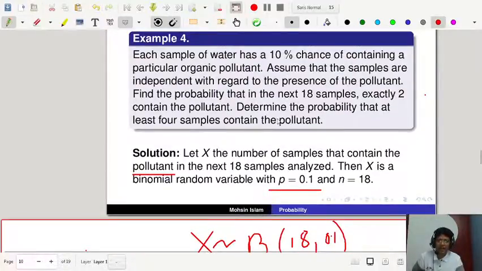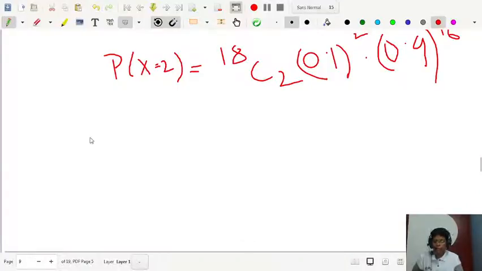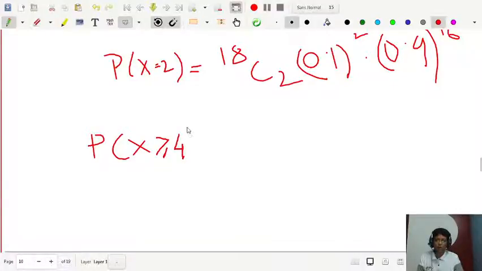And the next one is to determine the probability that at least 4 samples contain the pollutant. At least 4. In this case you have to calculate the probability of x greater than or equal to 4.